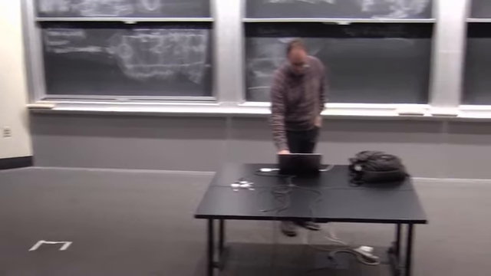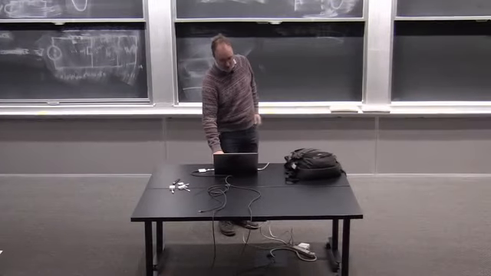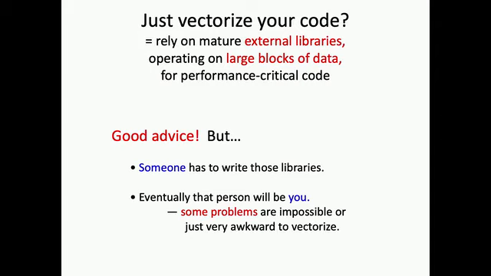So at this point, there's often someone who pops up and says, oh, well, I do performance programming in Python, and everyone knows you just need to vectorize your code, right? Basically what they mean is you rely on mature external libraries: you pass them a big block of data, it does a huge amount of computation and comes back, and you never write your own loops. This is good advice.